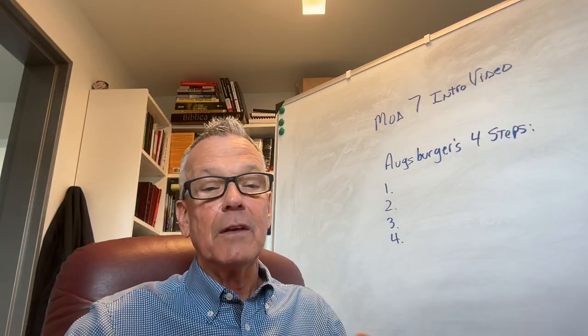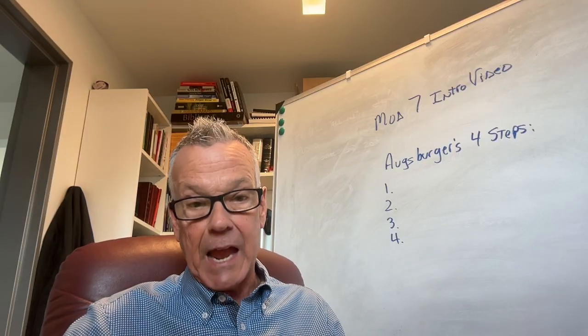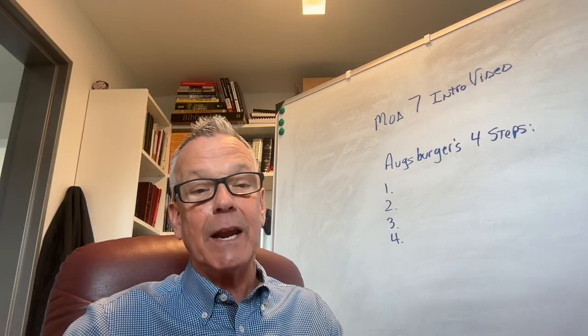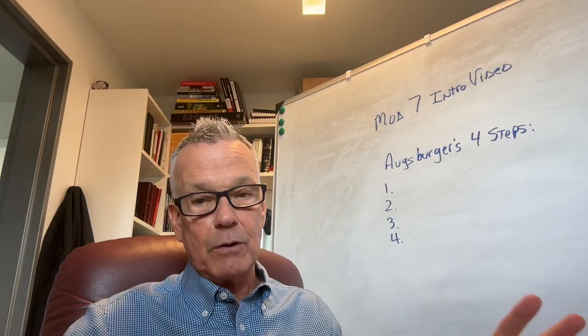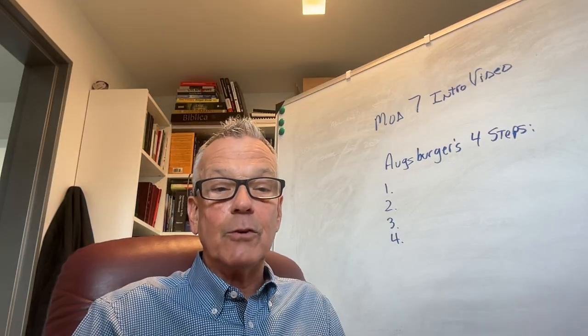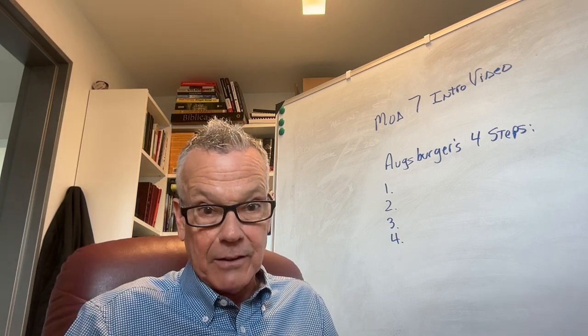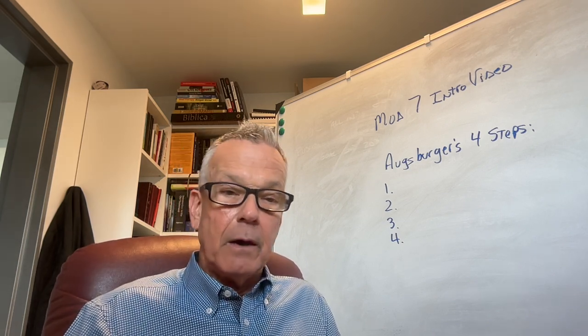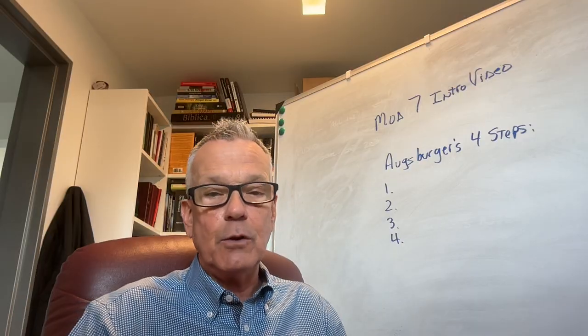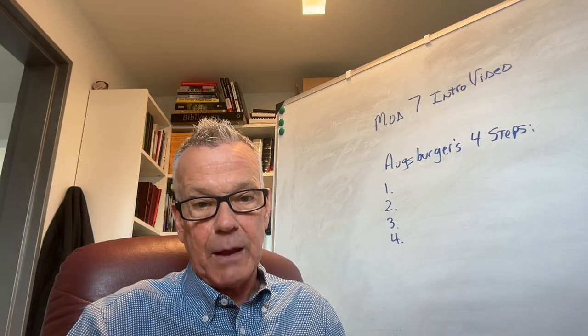Now you're ready to admit it and take responsibility. You're ready to ask for forgiveness. You're ready to apologize for what you have done. Augsburger says that the best thing you can do is to follow these 4 steps.